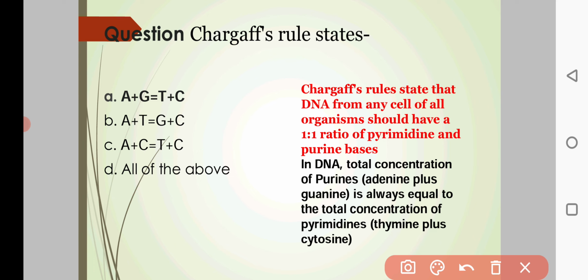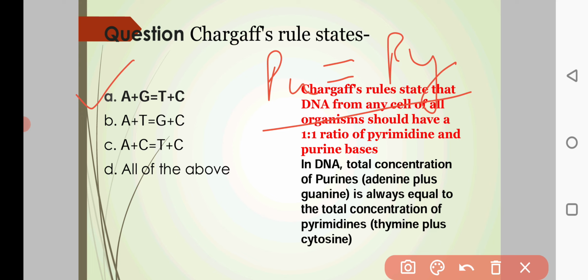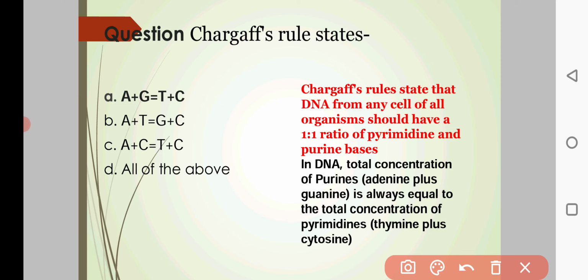So here option A is correct, that all the purines are always equal to all the pyrimidines. Adenine and guanine both are purines, and thymine and cytosine both are pyrimidine nitrogenous bases. So we can say that adenine plus guanine will always be equal to thymine plus cytosine.